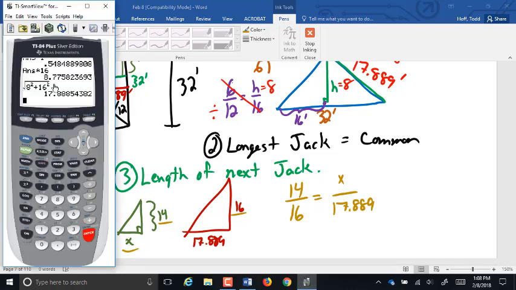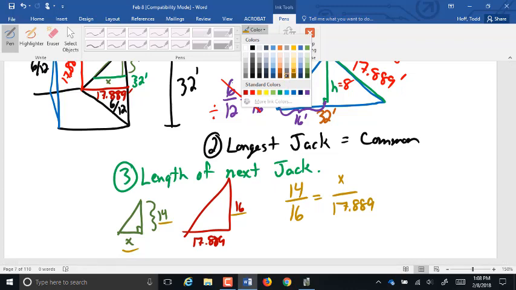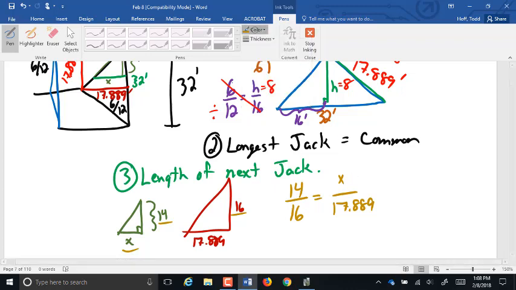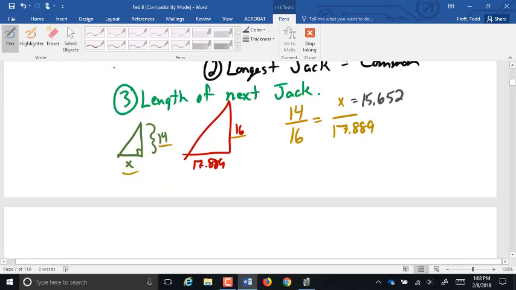So we'll cross multiply. 17.889 times 14 divided by 16. We get a length of 15.652. That's this length right here. So all we're concerned about next is finding what our decrease is.